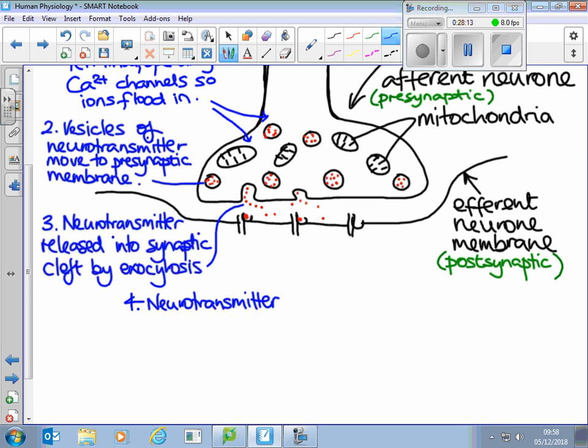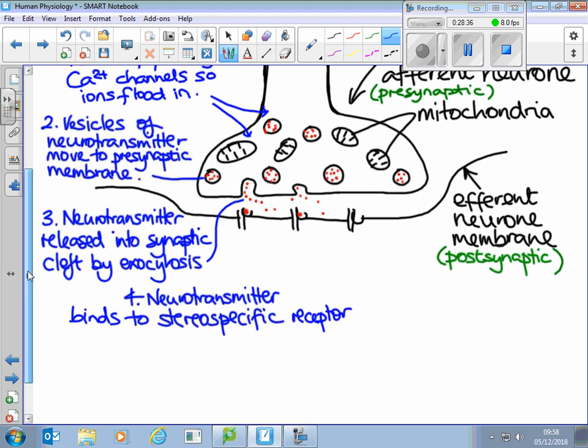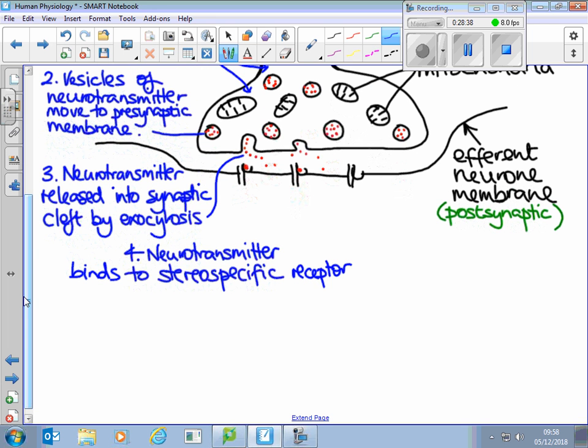So it's a point at which you can control what's going on in the nervous system. So we've got here, we'll just leave it at 1 because otherwise it just gets too confusing. So the neurotransmitter binds to stereospecific receptor. Sure, I'm going to have room for everything. Let's see how we go. Associated with, that's a long word.